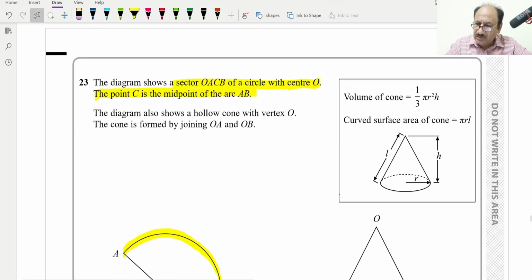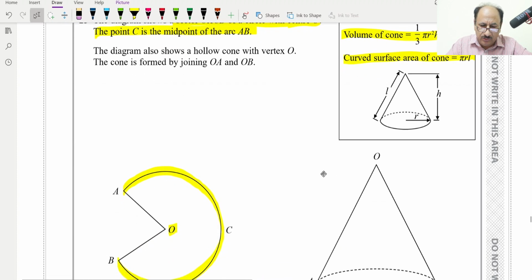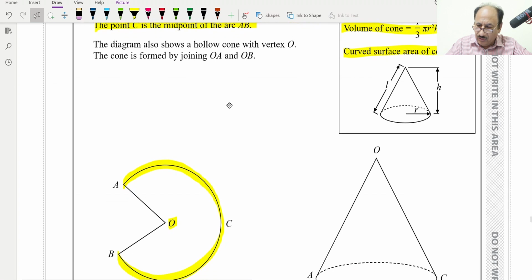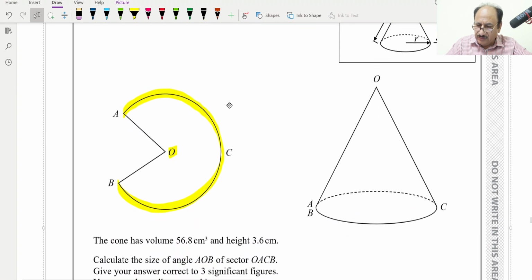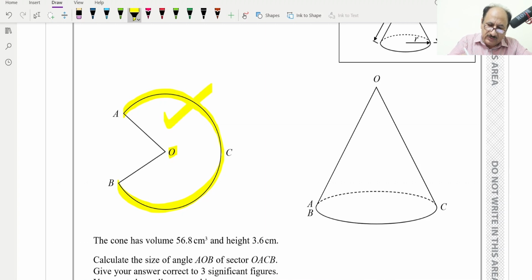And the formulas they have provided are the volume of the cone and the curved surface area of the cone. These are the formulas which we will be utilizing. They have also provided this drawing of a cone, and we are using this shape to form a cone.